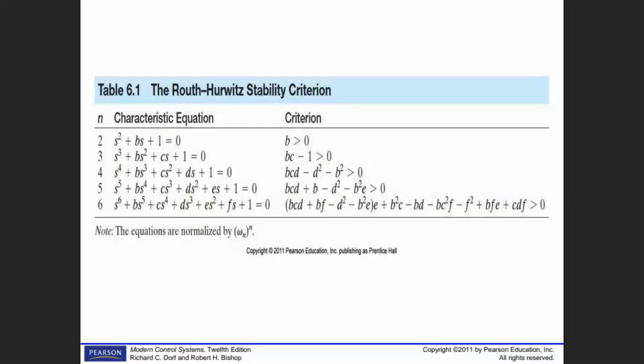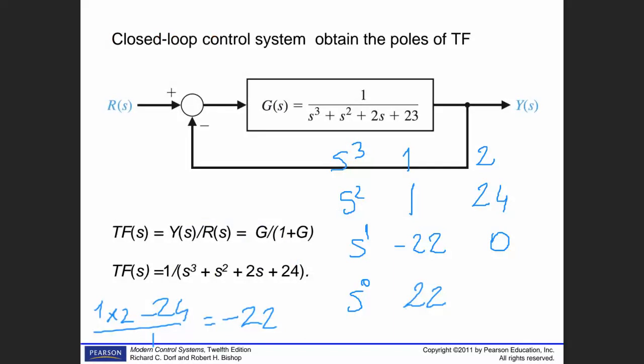So if we come back to this example, how many poles do we have in the right hand side? One change occurs here, so one pole is located there, and another change here, another pole.